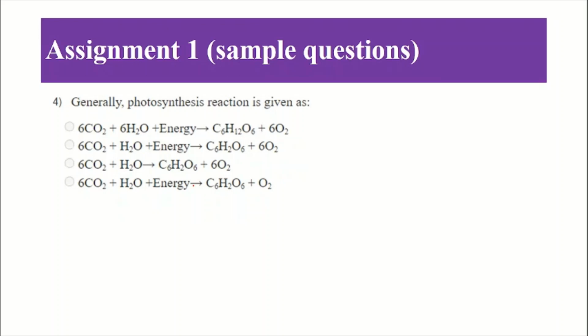If we look at the formula of glucose, it is wrong in all the options apart from the first one, so the correct answer here is the first option. You also need to look at the balancing of the equation, that all the molecules in the reaction equation are balanced on both the reactant and product sides. So yes, this is the balanced equation for photosynthesis.